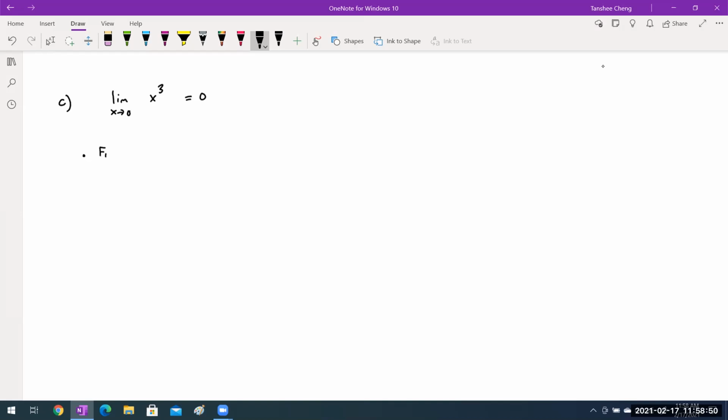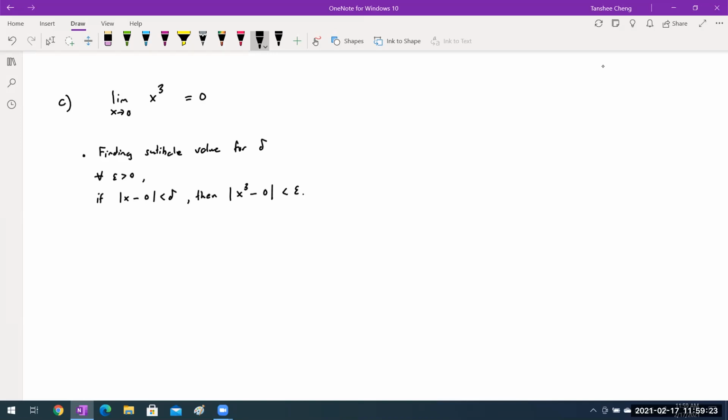So first we want to find a suitable value for delta. For every epsilon greater than 0, if the absolute value of x minus the limit that we approach, 0, is less than delta, then we have the function x to the third power minus the limit is less than what?